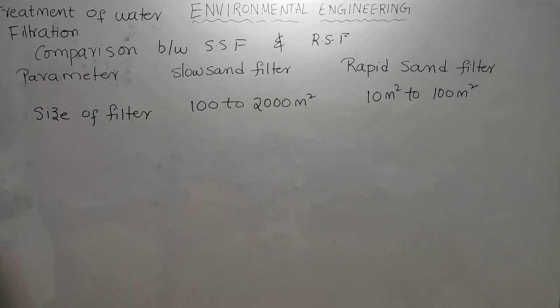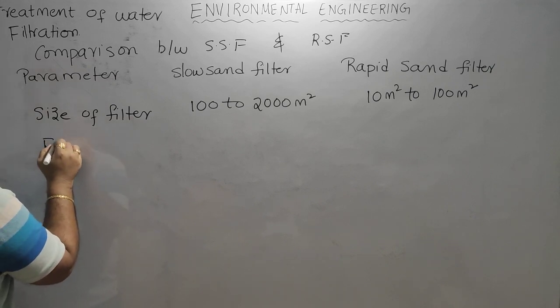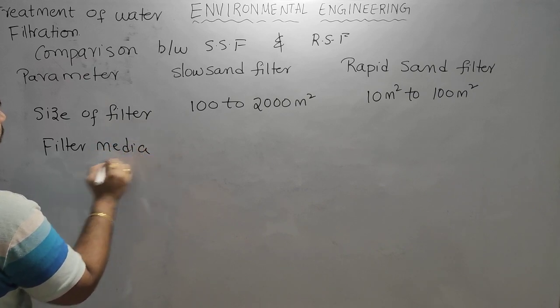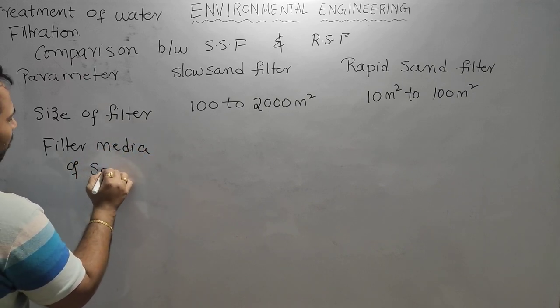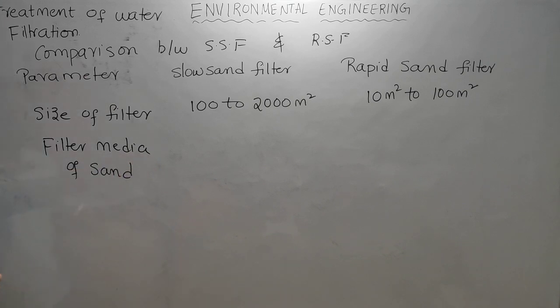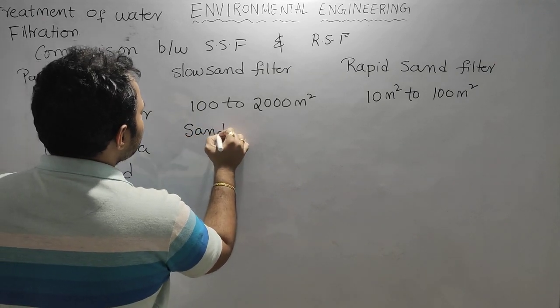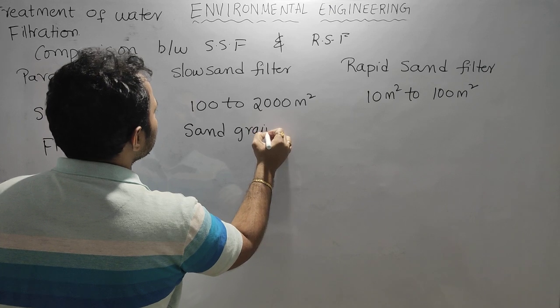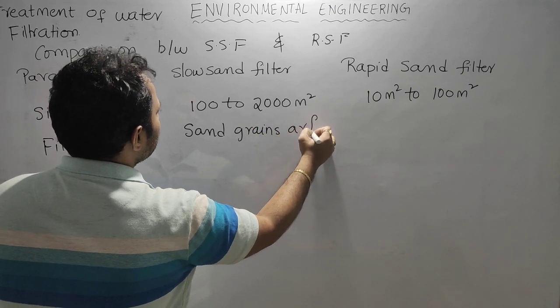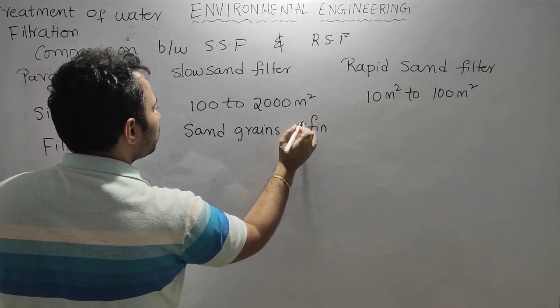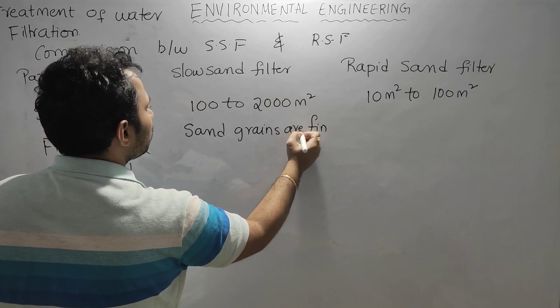And next is filter media of sand. So the properties of filter media of the sand. In slow sand filter, sand grains are finer.